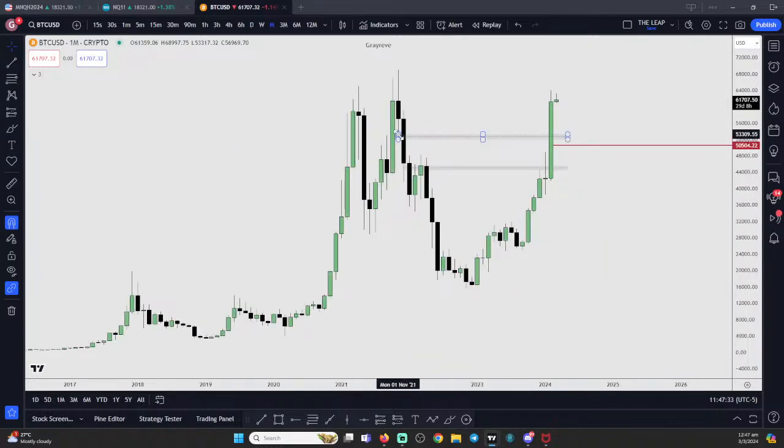We have this BC here. This BC, we have this balanced price range here, or should I say inversion here. This could be utilized as support for the price to go higher. Okay, higher, meaning attacking the all-time highs.